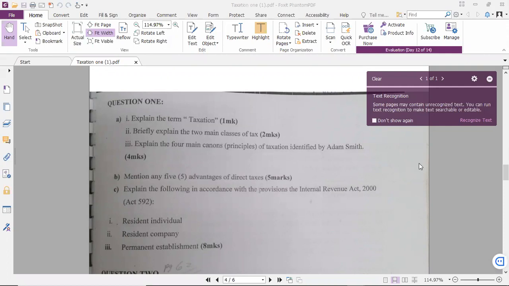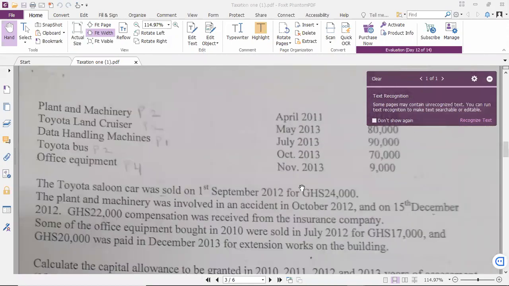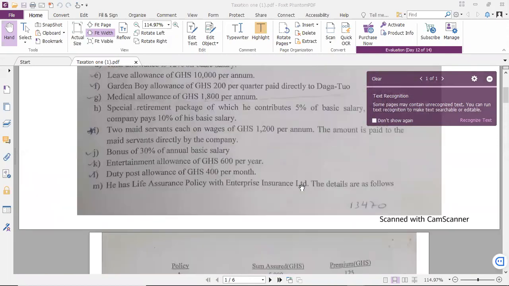Now, the next question is asking you to briefly explain the 2 main classes of tax. I would like you to take note of the wording: it is asking you to explain the main classes of tax. We also have kinds of tax, the kinds of tax the GRA is mandated to tax citizens.